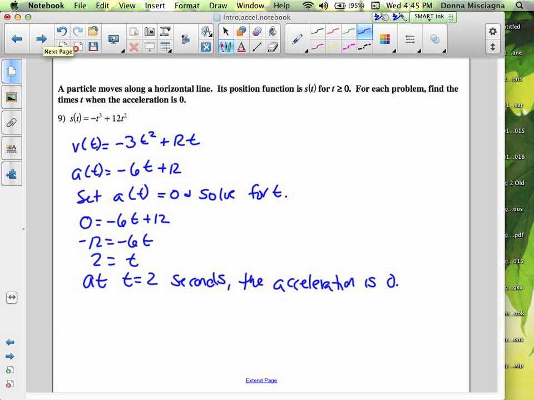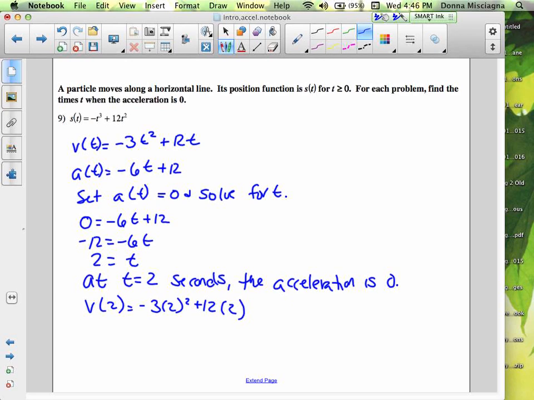Just want to note that just because the acceleration is 0 doesn't mean velocity has to be 0. Acceleration being 0 just means there would be no change in the velocity, because acceleration is the rate of change in velocity. So let's see what the velocity would be at that time. v of 2 is negative 3 times 2 squared plus 12 times 2.